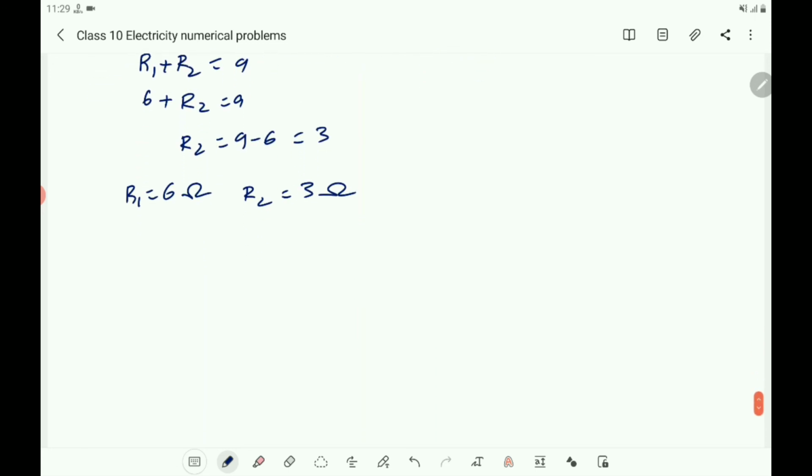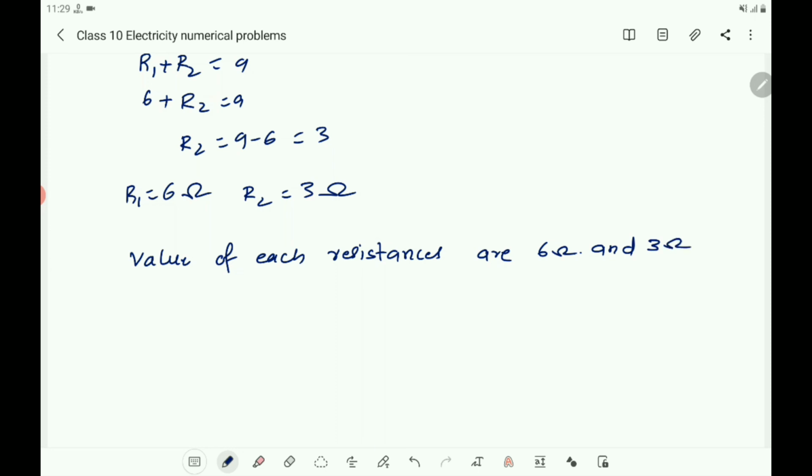So what are the values of the resistors? The value of each resistance is 6 ohm and 3 ohm.